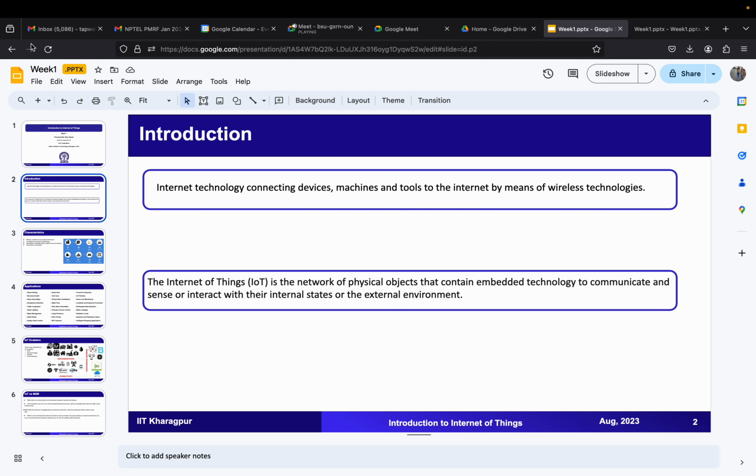The other definition is that the Internet of Things is the network of physical objects that contain embedded technology to communicate and sense or interact with internal states or the external environment. So these objects can interact with their internal states as well as the external environment.